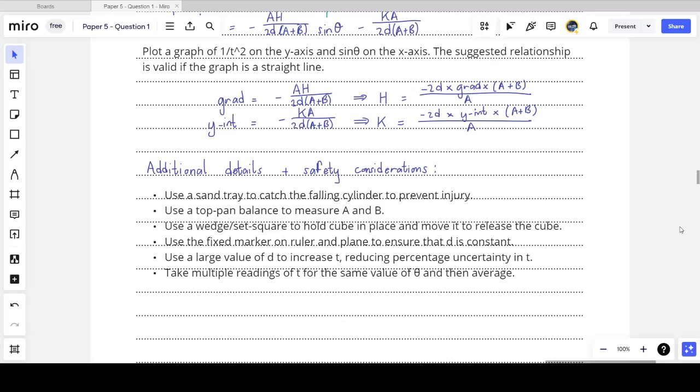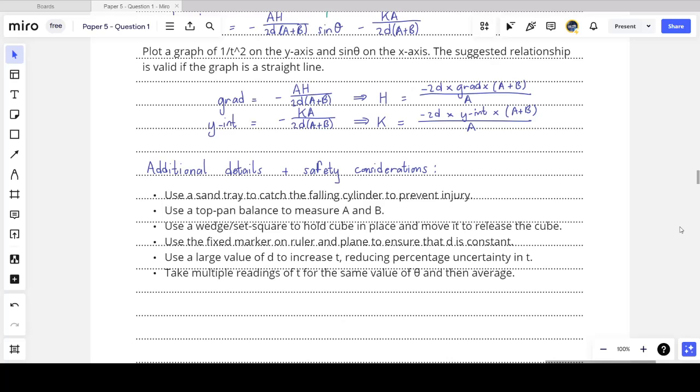And so besides reaction time, just human error in judging the point at which the cylinder first hits the sand tray may be difficult. Hence, you want to take multiple readings of the value of time. It's not an easy measurement of time to make, so make multiple readings and then average them. And so these are some of the additional details.